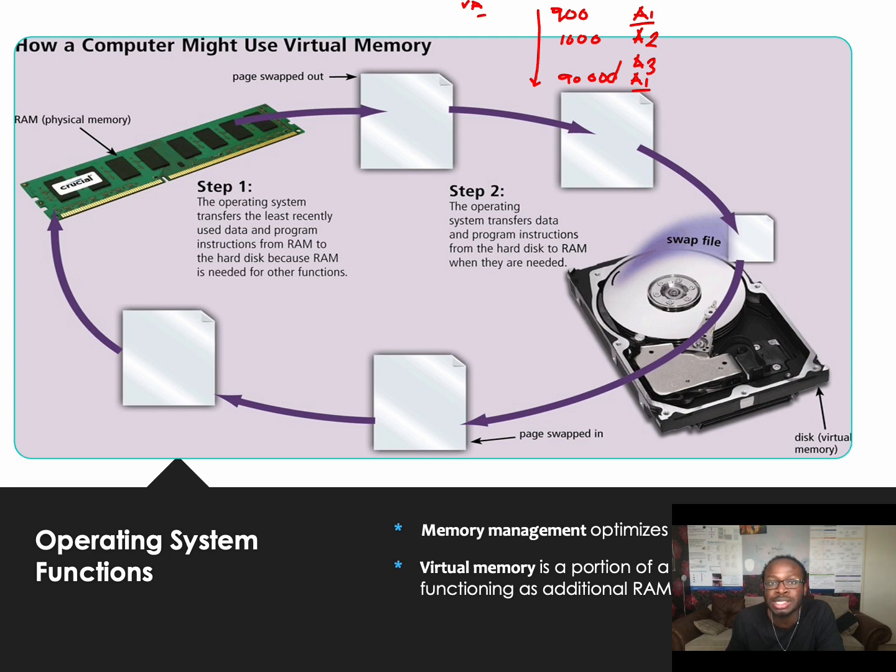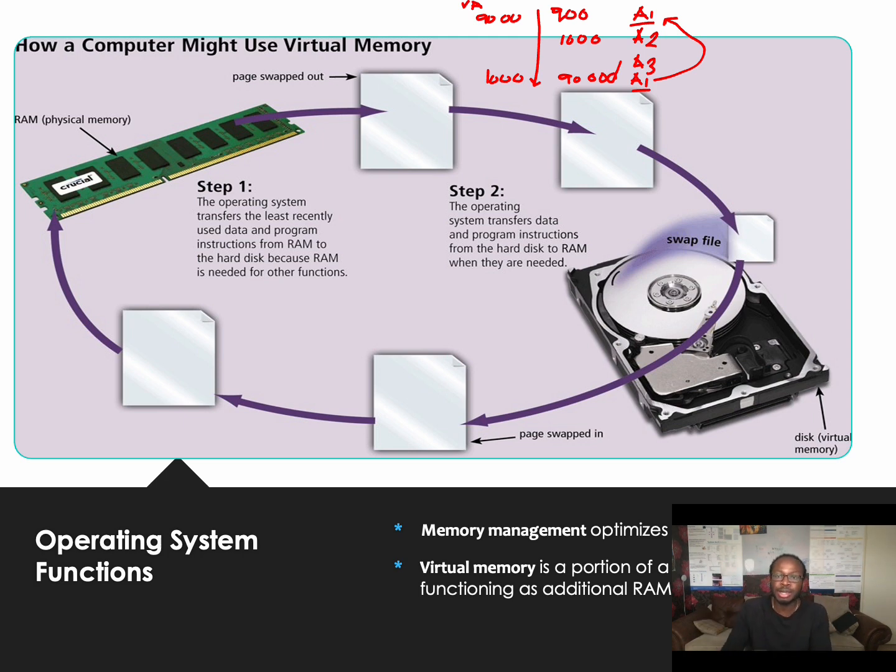In this case, this can start from 900. That's the address we will use. And if the next one is 1000, it will give this one address 1000. So it appears as if the physical addresses are actually continuous from there. So they run together. That is one type of virtual memory addressing.